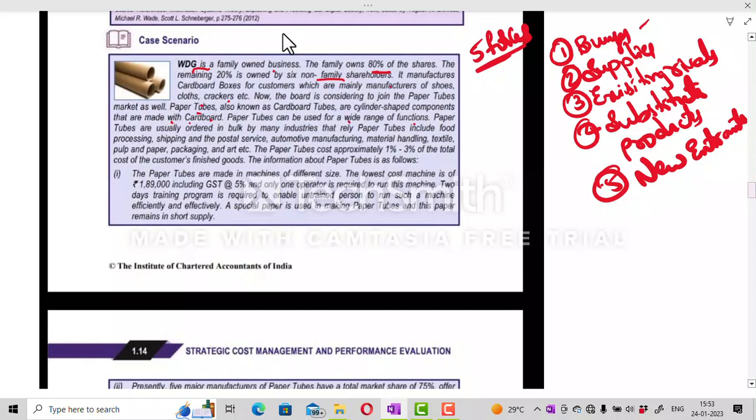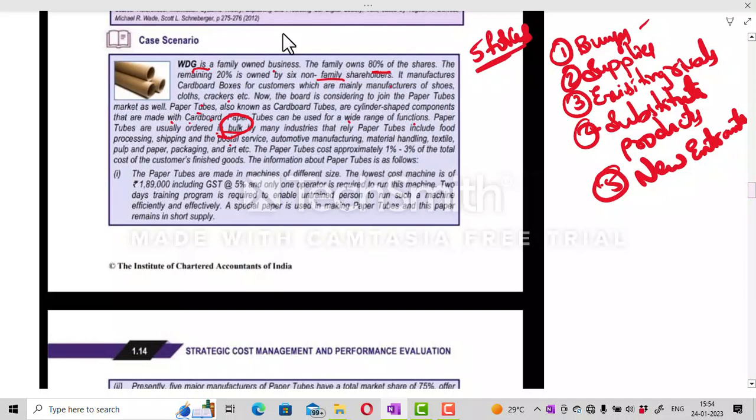Paper tubes are usually ordered in bulk. Many industries rely on paper tubes, including food processing, shipping, and postal service, automotive manufacturing, material handling, textile, pulp and paper, packaging, and art. Paper tubes cost approximately 1 to 3% of total cost of customers' finished goods.